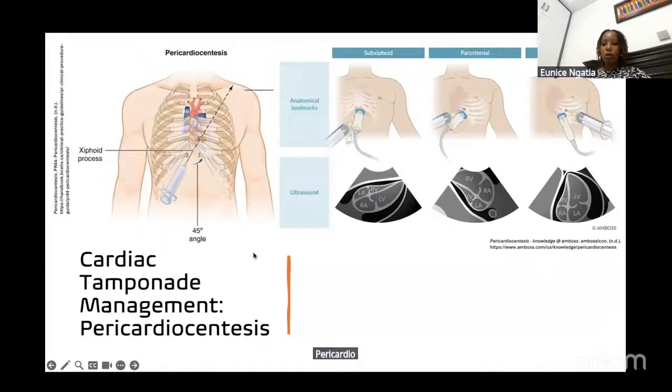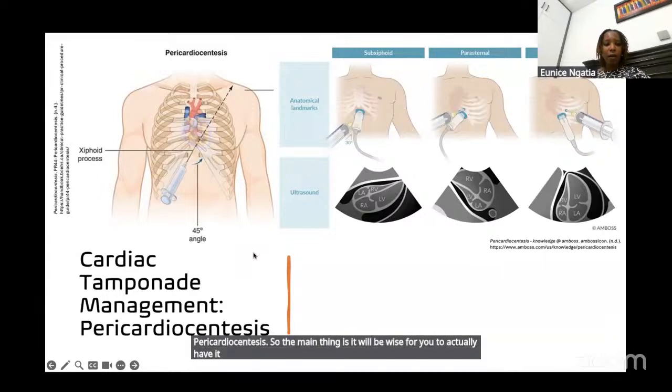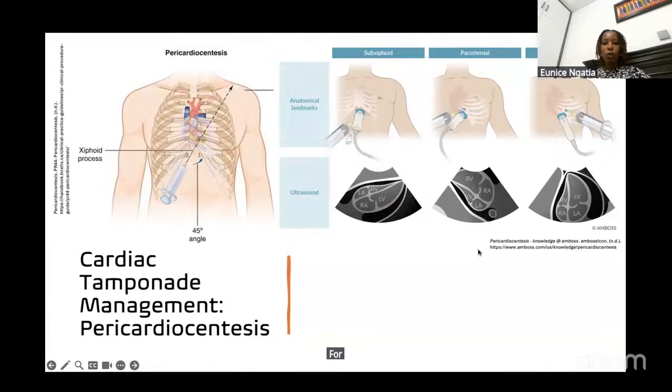So for a pericardiocentesis, the main thing is it will be wise to first diagnose, as we said. Muffled heart sounds, hypotension, and low electrical activity will be your guide for cardiac tamponade. The best thing is to place an ultrasound with the most experienced hands.